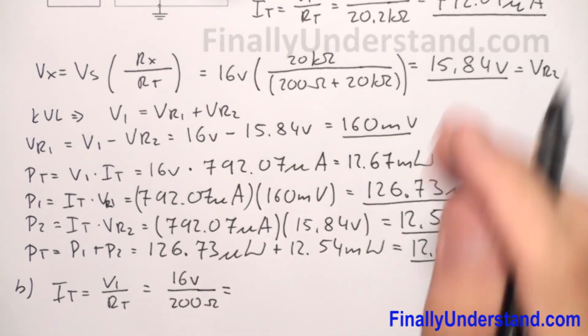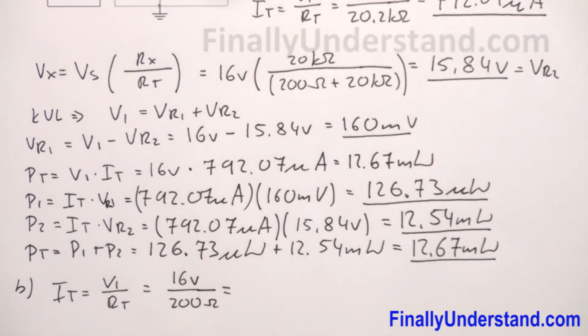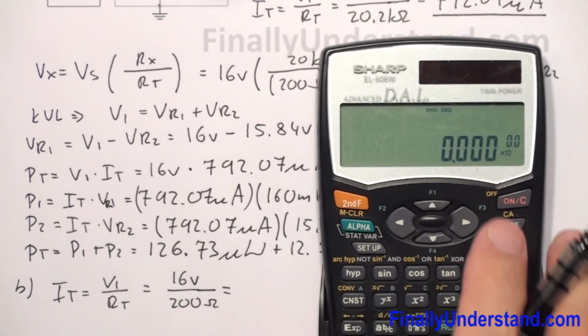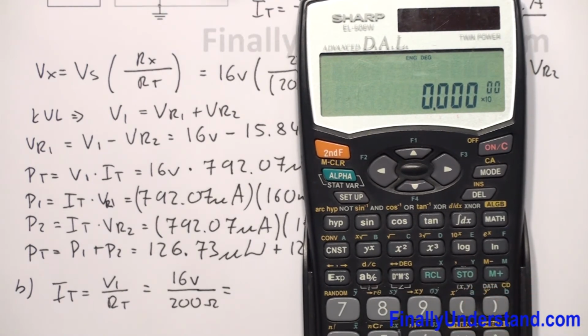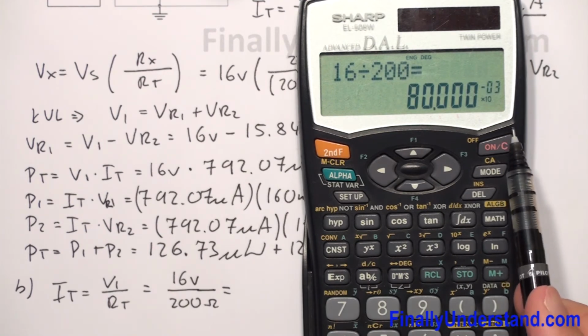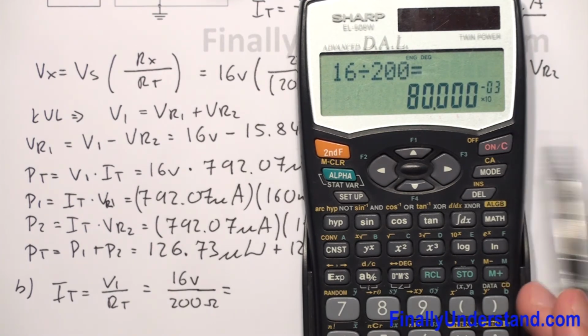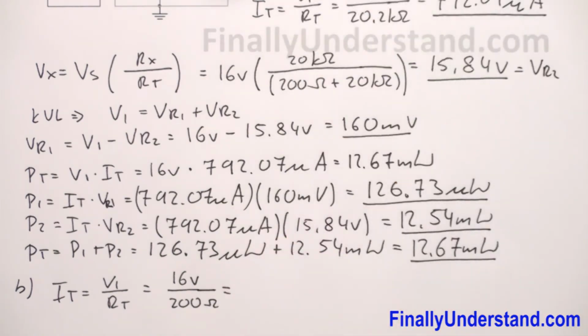Again 200 ohms because R2 is shorted, it behaves like just a piece of wire. So I have 16 divided by 200. This is equal to 80 milliamps.